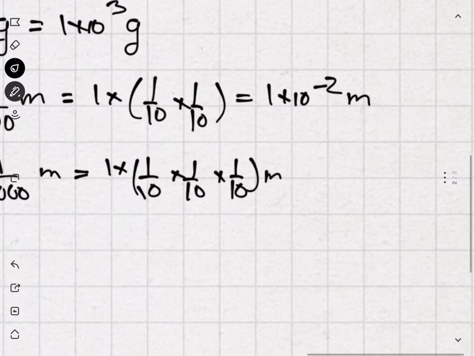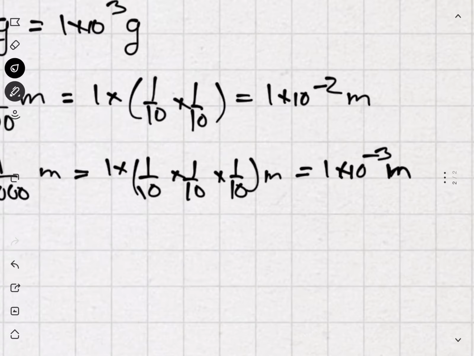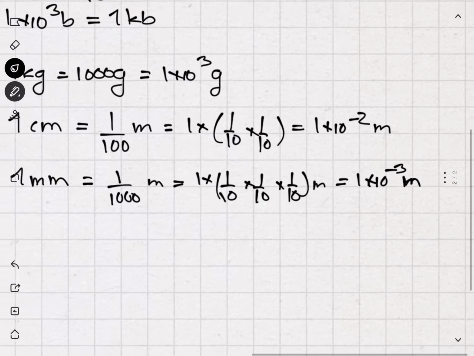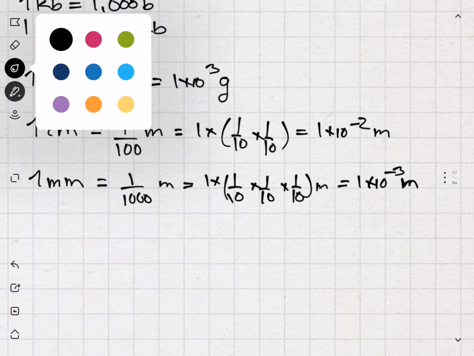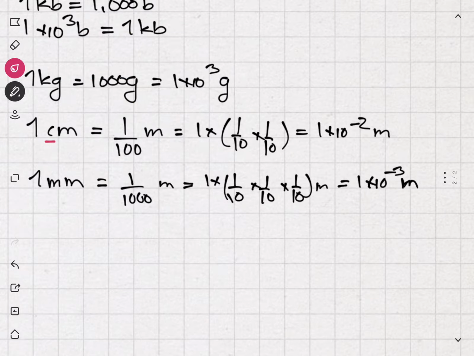So in scientific notation, that would be 1 times 10 to the negative 3 meters. And so what you're really doing is you're putting a letter to replace these exponents. So kilo is 10 to the 3, centi 10 to the negative 2, milli 10 to the negative 3.